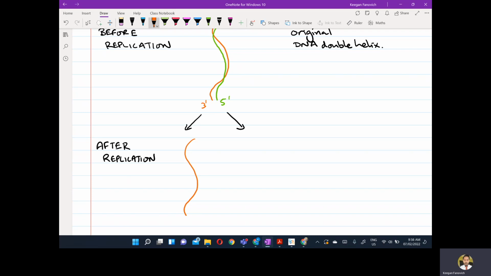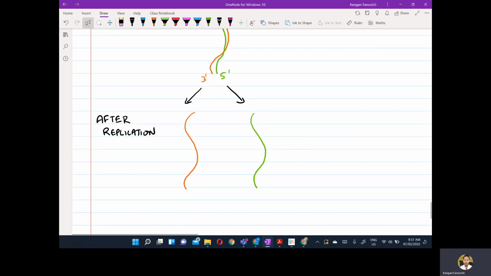I'll write that in after. And the green one on this side. And our 2 new strands are going to form against them. So you have 1, 2.